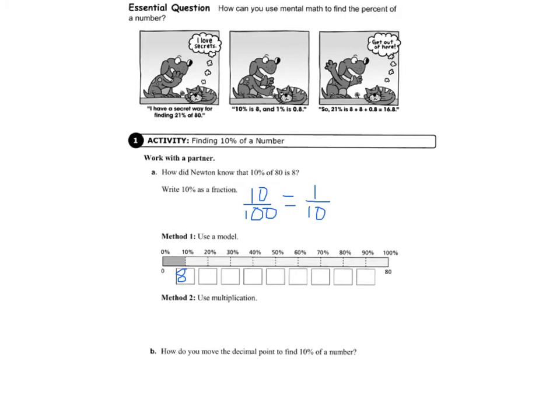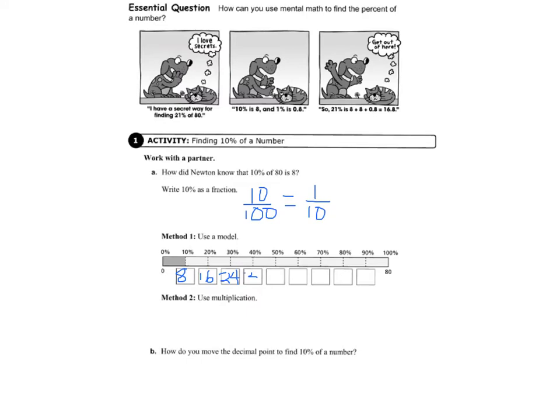And then 20% is going to be 2/10 of 80. So that's going to be 16, or 8 times 2. 3/10 of 80 is going to be 24, or 8 times 3, and so on.